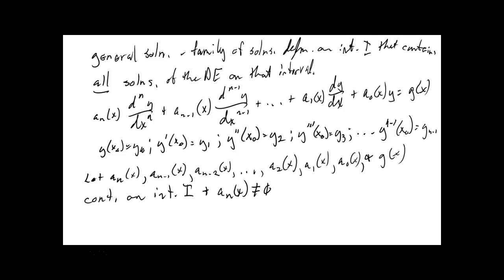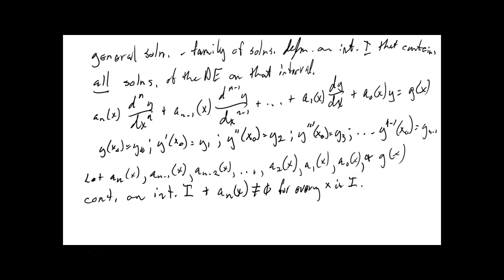It can be 1, it can be -3, it can be anything, but it can't be 0. The next one, a sub n minus 1? No, it could be anything. It's just the first one that can't be 0. And this is for every x in the interval I.